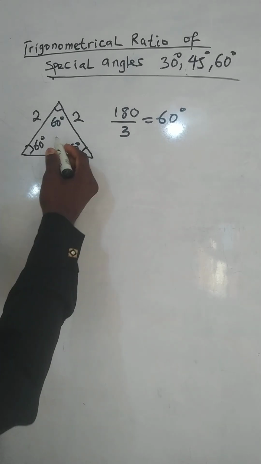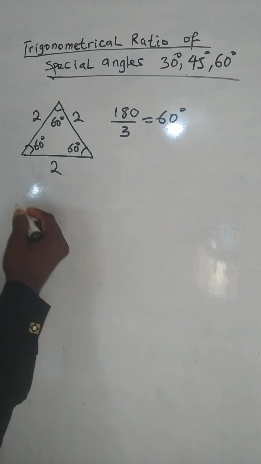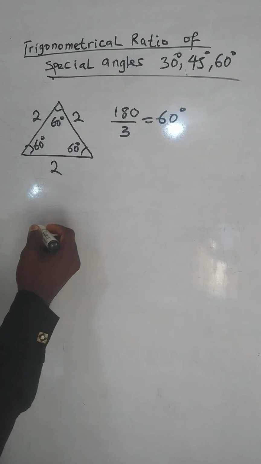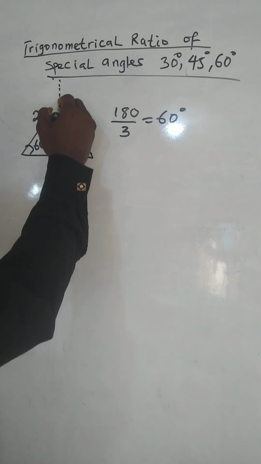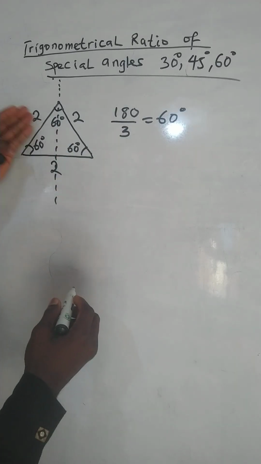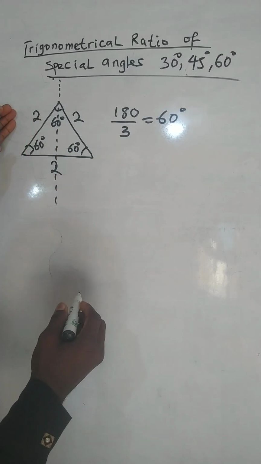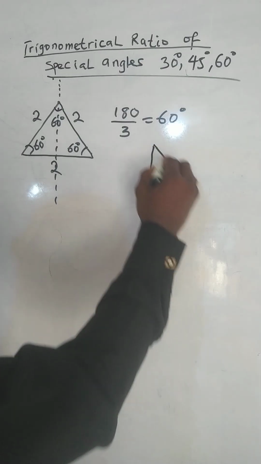Then, if we bisect an equilateral triangle into 2 equal parts, we'll have 2 right angle triangles, as thus. If I bring out one part of this bisected equilateral triangle, we'll have something like this.